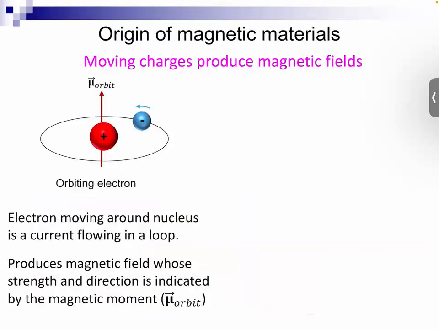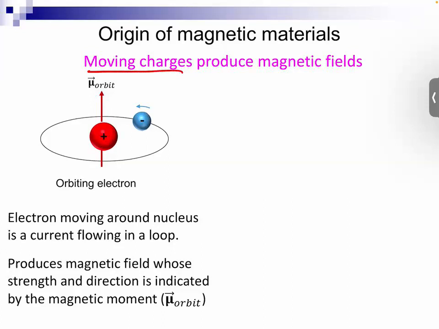Well, still the key idea is that moving charges create magnetic fields. The reason why a current carrying wire becomes a magnet is because current is moving charges. You have charges that are moving that create this current, and therefore currents create magnetic fields. So the very key essence of producing magnetic fields is moving charges.